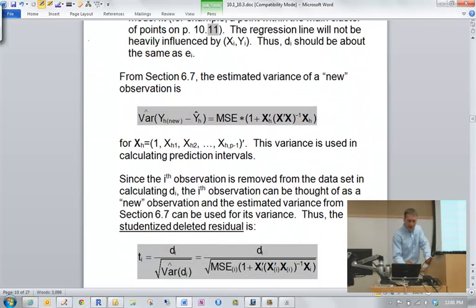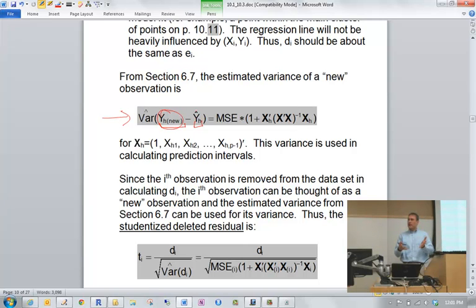Well, we go back to something that we learned about in Chapter 2 and also in Chapter 6. Remember when we were doing prediction intervals? The estimated variance for a new y value and its corresponding predicted value, remember that this new y value basically is representing an observation that's not in our data set.